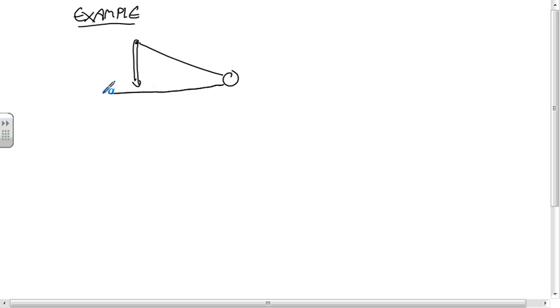Let's do one more, like basically this exact same problem. Let's say that now we have it rotating around a circle like this, where this angle is 10 degrees.